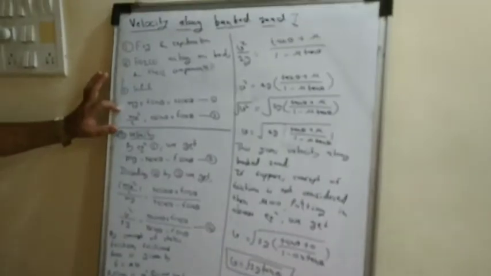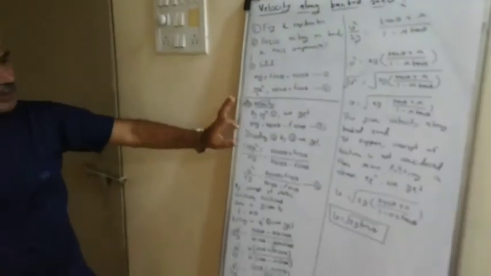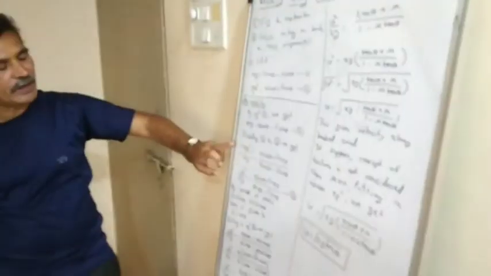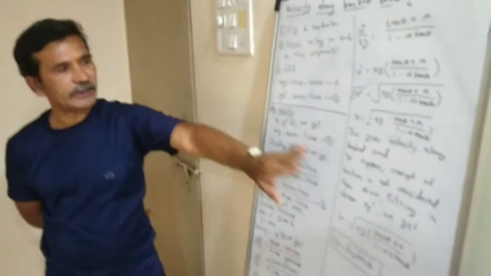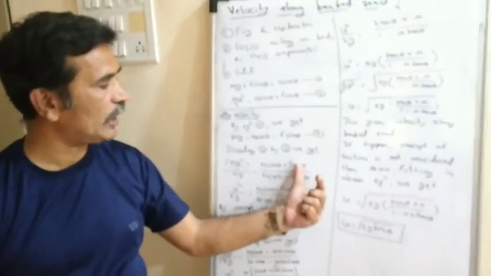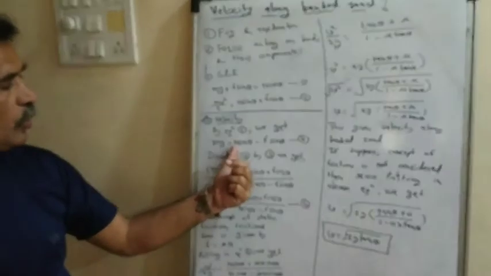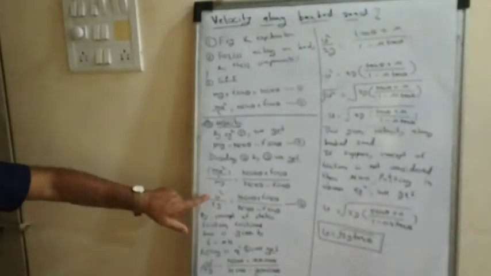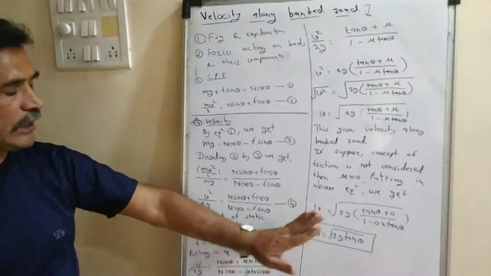Dividing equation 2 by equation 3, so numerator this, denominator this. So we get mv square upon r divided by mg on the left-hand side, equal to, on the right-hand side, equation 2, N sin theta plus F cos theta, divided by N cos theta minus F sin theta. Here m gets cancelled, so we get v square upon rg is equal to this, equation 4.